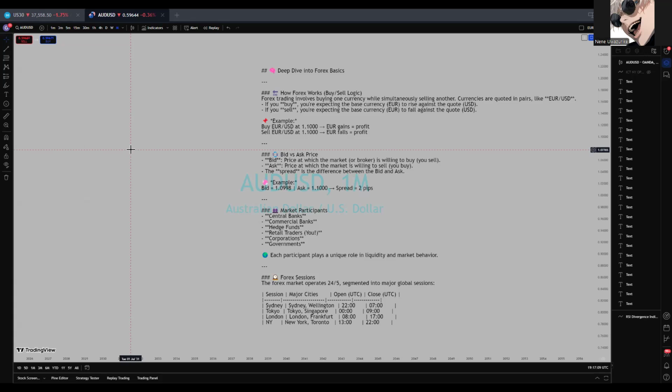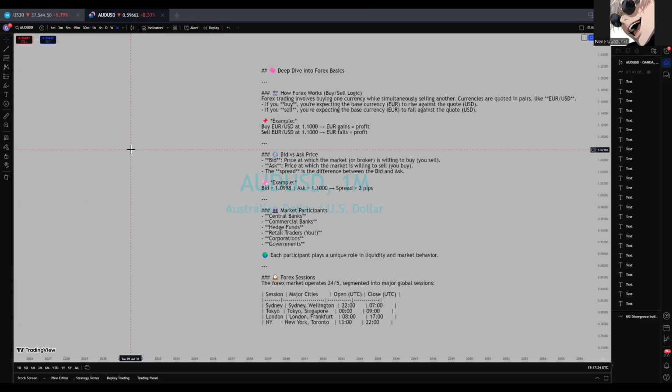There are two sides in a tug of war. Whoever has more liquidity, more power, more skill, more capacity, more leverage, can pull the other side over. So whoever has that can win and make profit in the forex space.